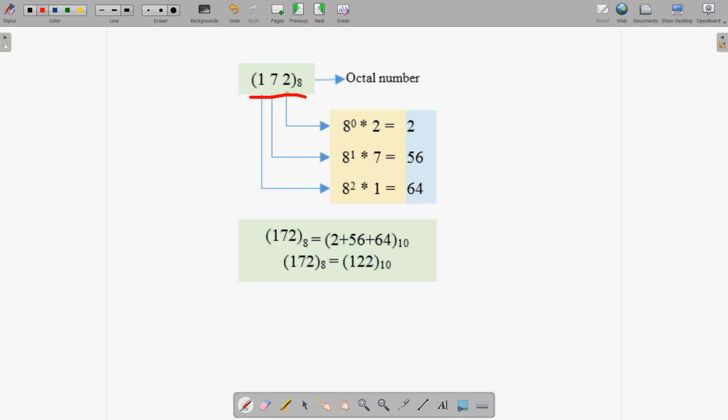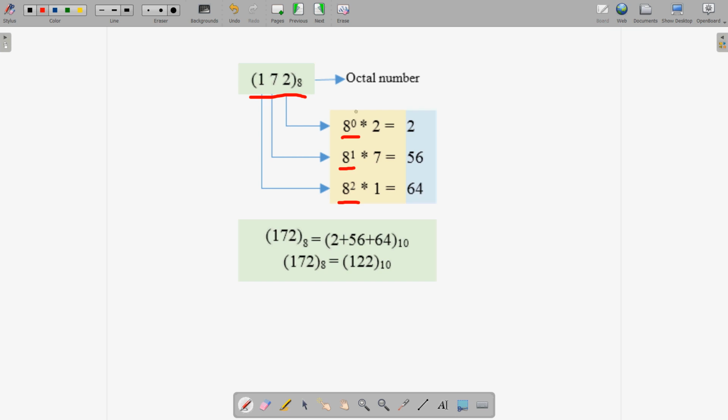So the rightmost 2 is multiplied with 8 power 0, then 7 is multiplied with 8 power 1, and 1 is multiplied with 8 power 2. Clear? As it is an octal number system, we are multiplying each digit with the increasing power of 8, that is 8 power 0, 8 power 1, 8 power 2.